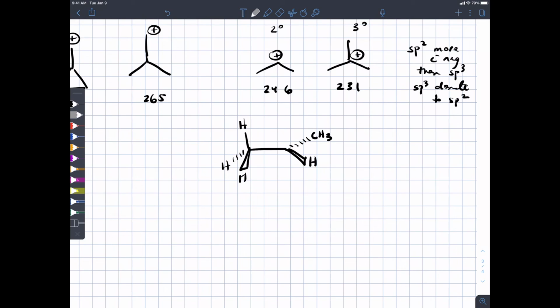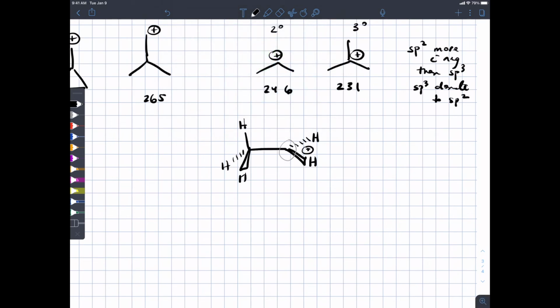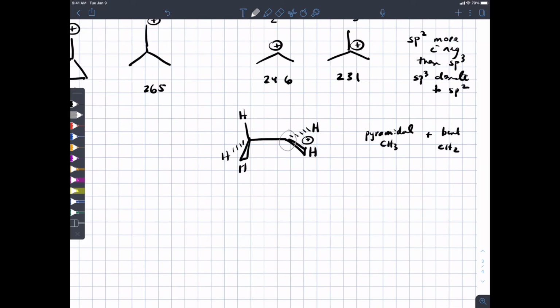So if you think about group orbitals, you know that if you're going to treat, and maybe we'll just do this with the ethylene and then we can extrapolate from that to other things. We could make this carbocation by combining pyramidal methyl and bent CH2.